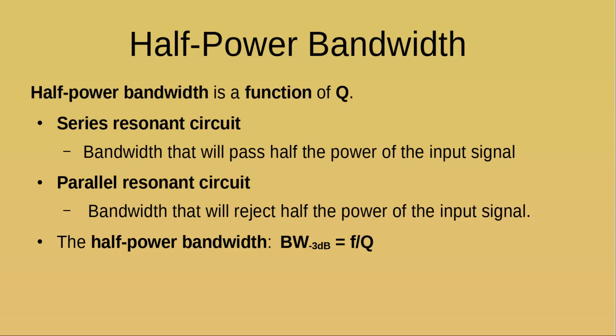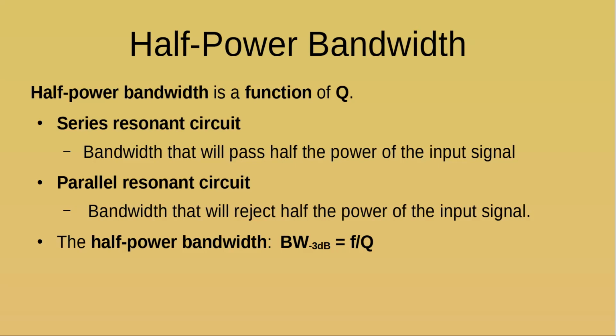In other words, the skirts of that waveform at the minus 3 dB point on each side determine the half power bandwidth. In a parallel resonance circuit, it rejects half the power because its waveform is basically the opposite. So the formula is the frequency divided by the Q. It's fairly simple.